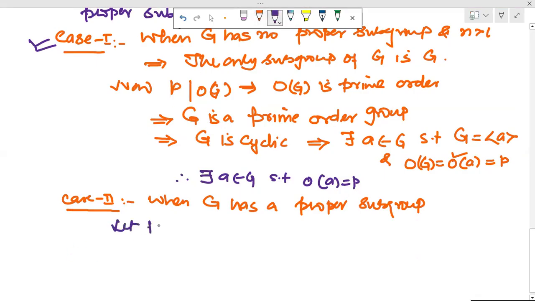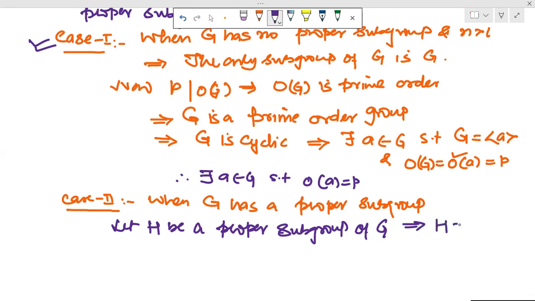Let H be a proper subgroup of G. This means that H is not equal to G. So this means that the order of H is strictly less than the order of G.